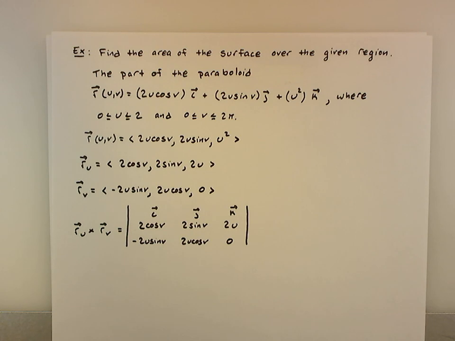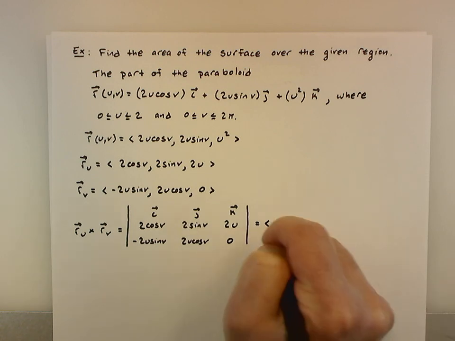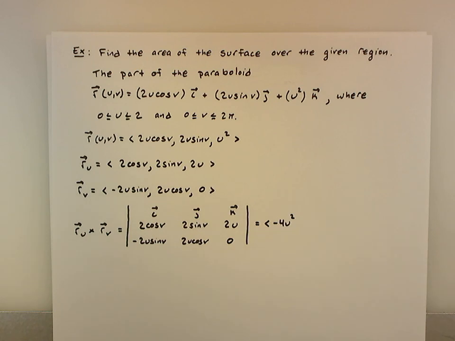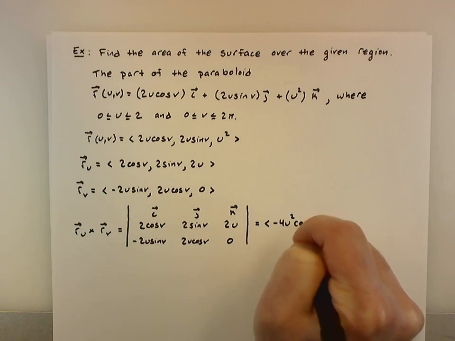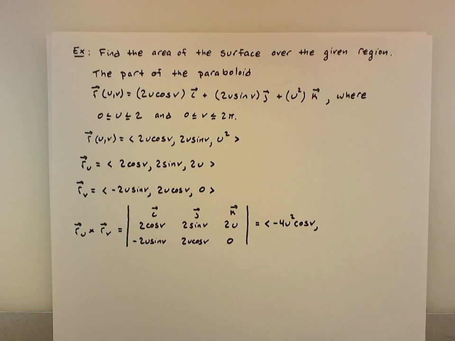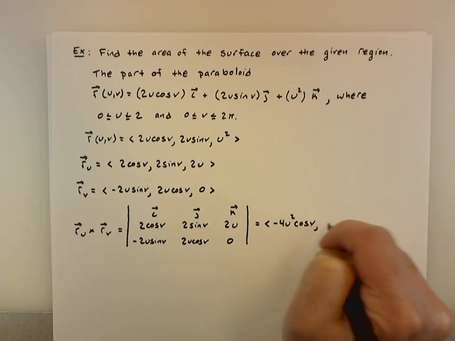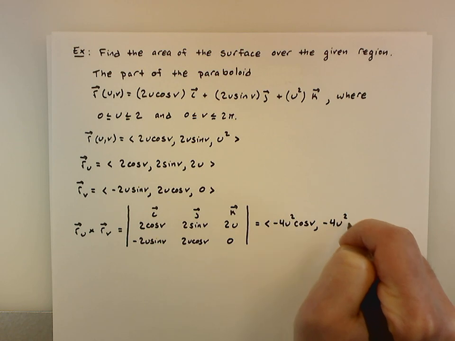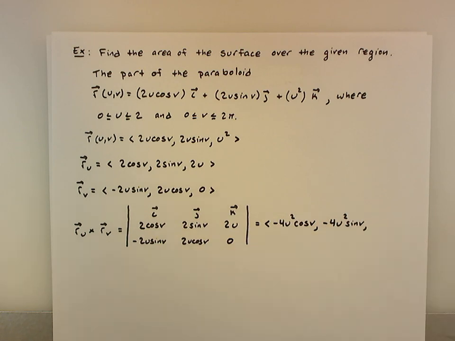Once you compute this and simplify your result, this will equal negative 4u squared cosine V, negative 4u squared sine V, and the last component is 4u.